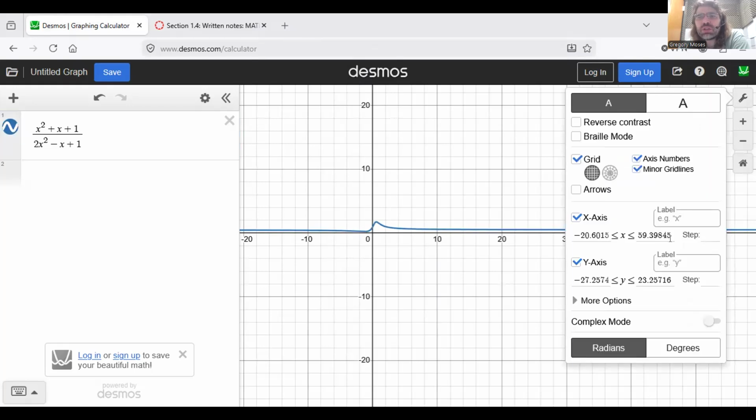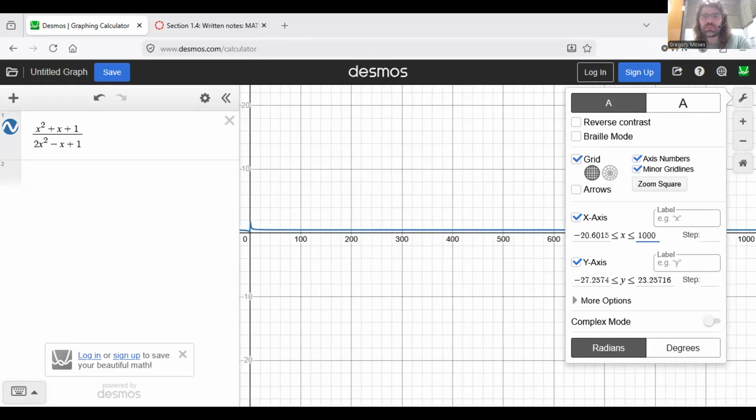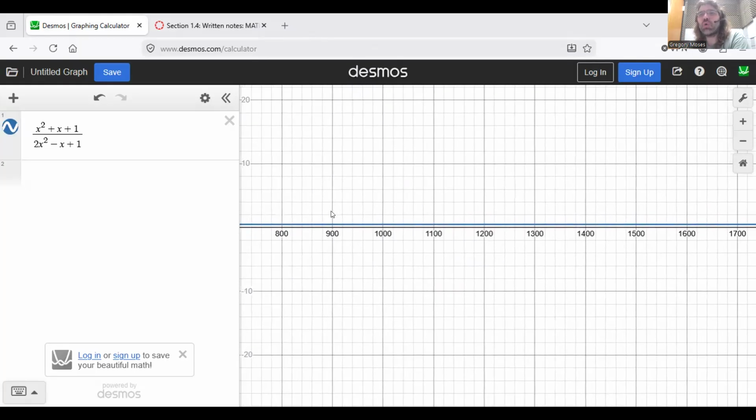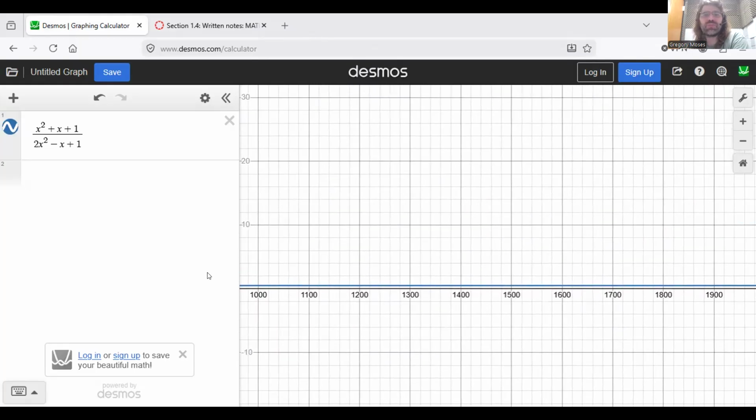And if I go to the graph settings and I let x be really big, so when x is about 500, y is about 0.5. When x is about 900, y is about 0.5. It sure looks as if, as x is getting big, y is approaching 0.5.